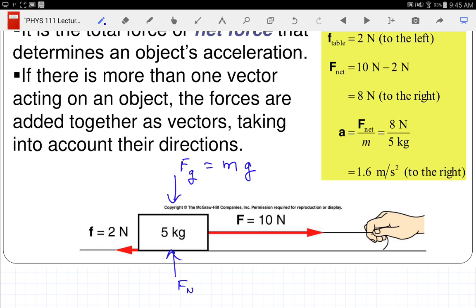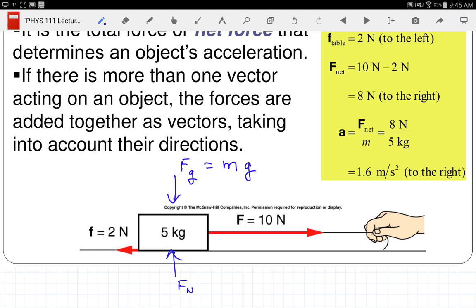It's 8. Now, some people might say, okay, has the teacher gone bonkers? 10 plus 2 tends to be 12. But no, it's 8. Why was it 8, Denford? Because one of the forces is going to the left, because one is in the negative direction. And so they add up to 8.